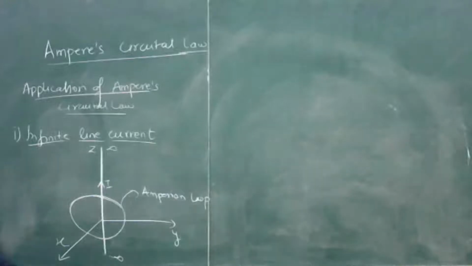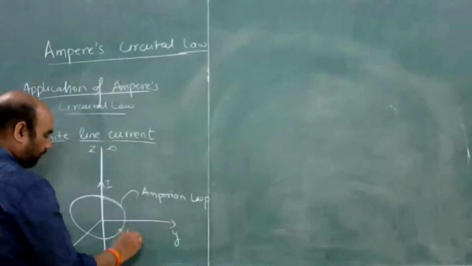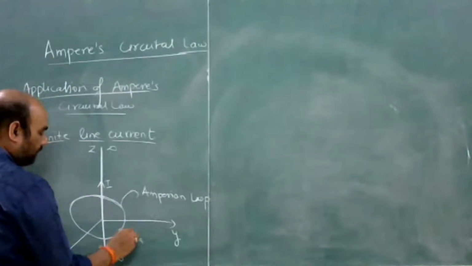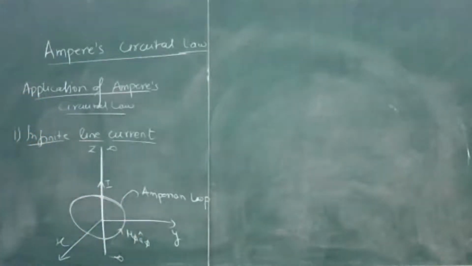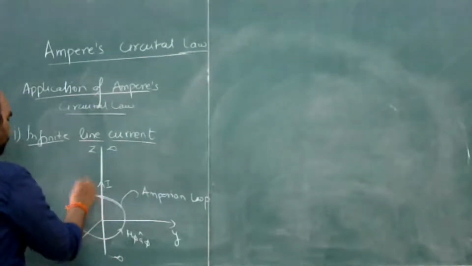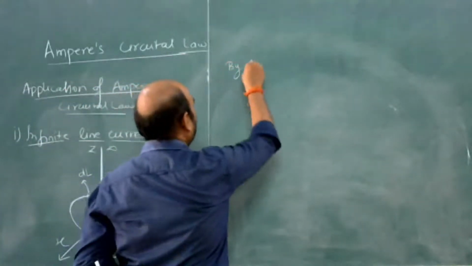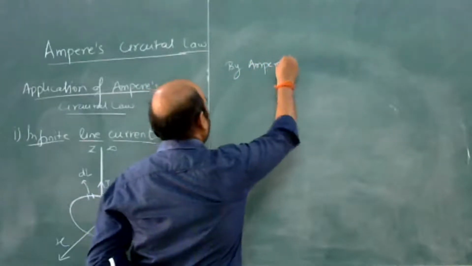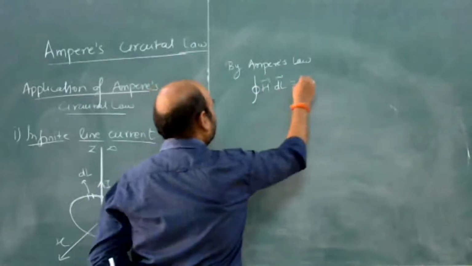Here we assume that the component of H is along this direction. This is the Amperian path, and let's suppose the small differential is dl. So by Ampere circuital law, the closed integral of H dot dl will be equal to I enclosed.